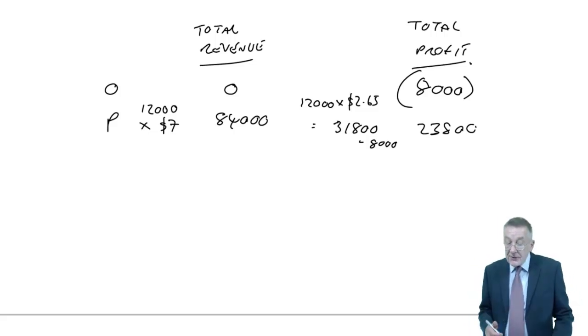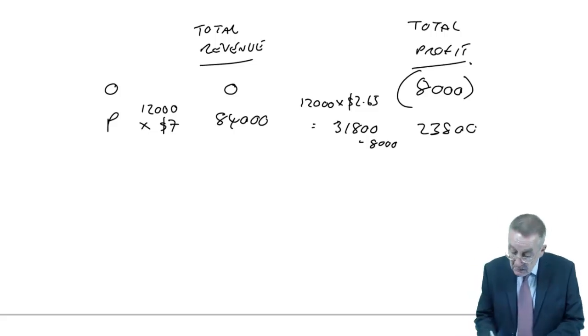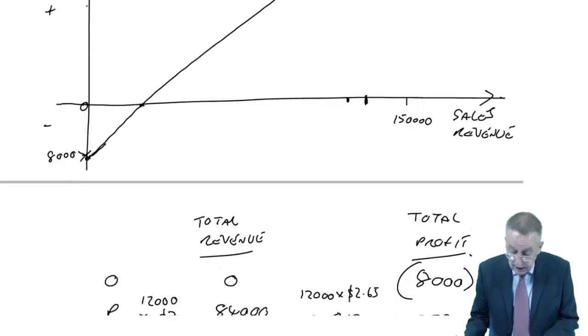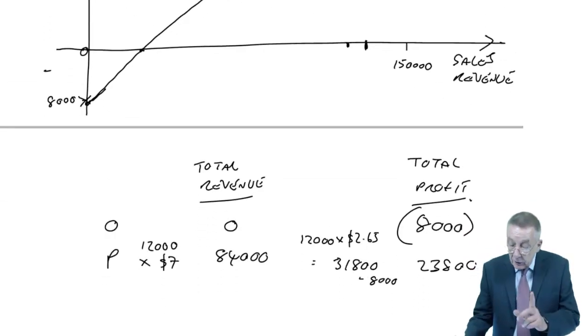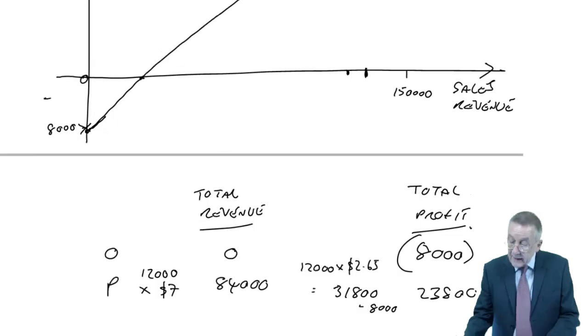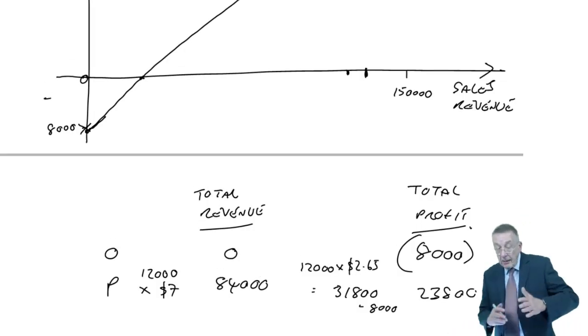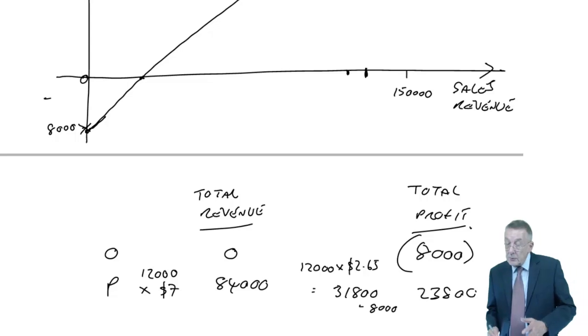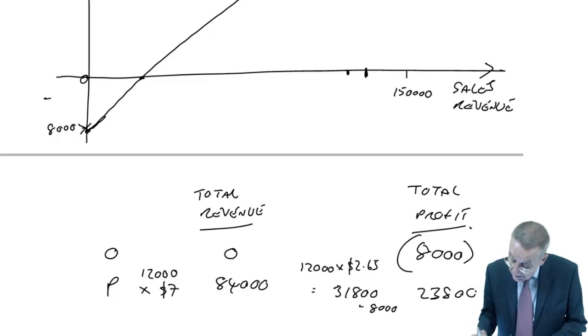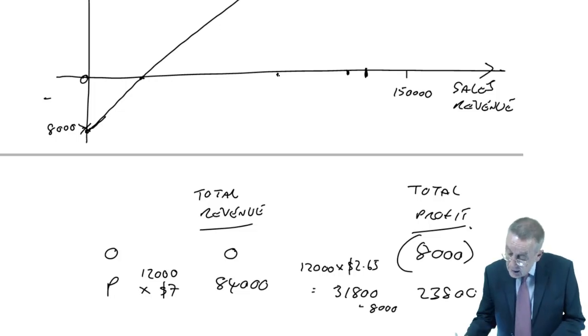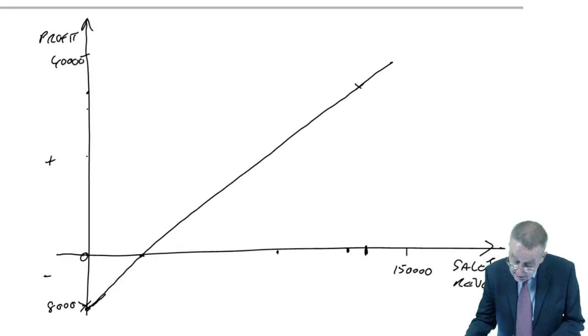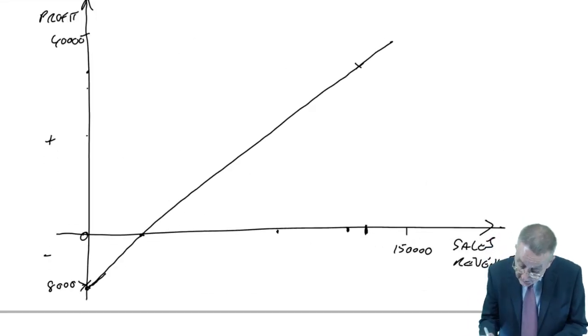And let's put that on the same graph that we had before. You start off with a loss of 8,000 if there's no units. And if all we were selling was P, as you sell more units, you get more revenue, you get more contribution. And so it takes us up to revenue of 84,000, which is, let's say, there, takes us up to profit of 23,800, which is somewhere around there, something like this.